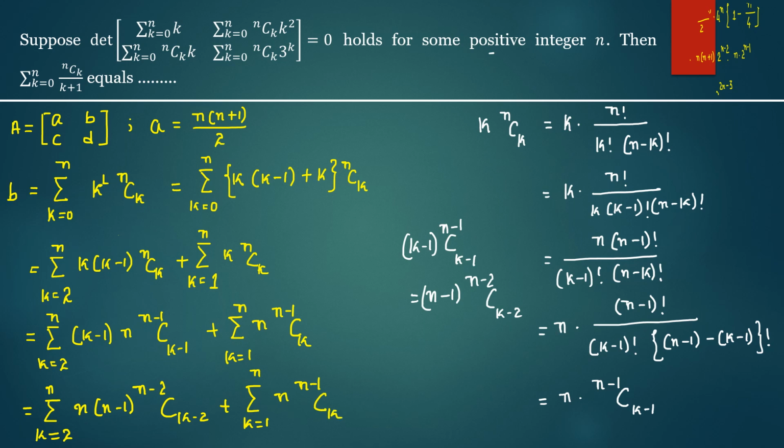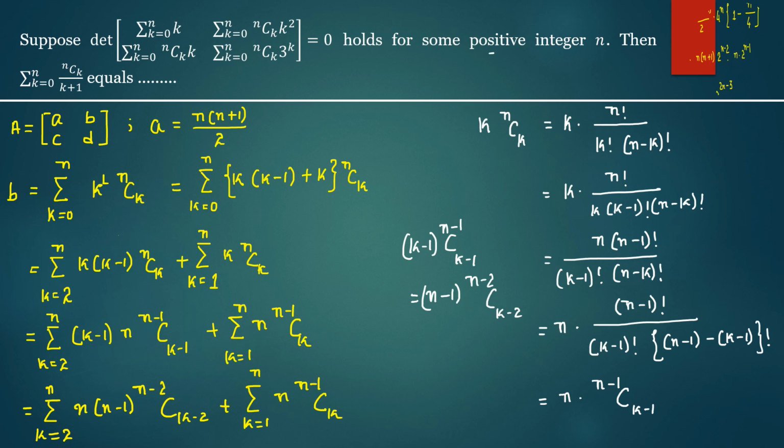Okay, that's it. Now, n into (n minus 1) is in the first summation, and in the second summation, n can be taken out from the summation because it is independent of the variable k.